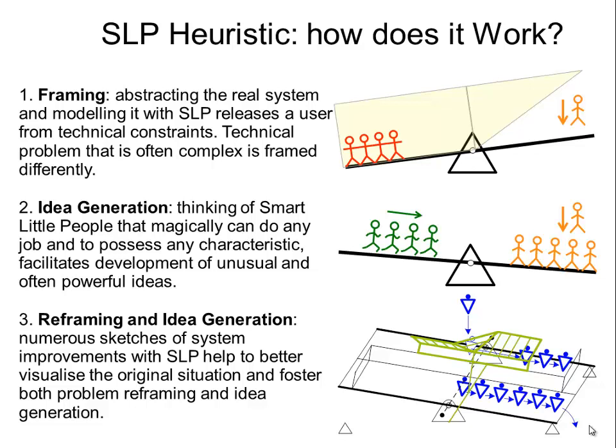Secondly, availability of magical smart little people that can do practically everything and possess any characteristic required releases the user from constraints of reality and makes idea generation much more efficient. Thirdly, numerous sketches of system models help to visualize the situation much more accurately and attain a feel of what really happens. In essence, this results in more reframing and in more ideas.